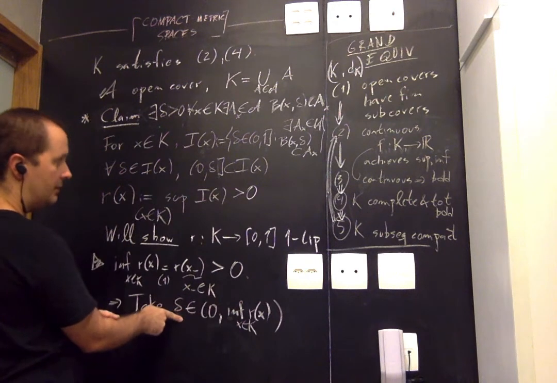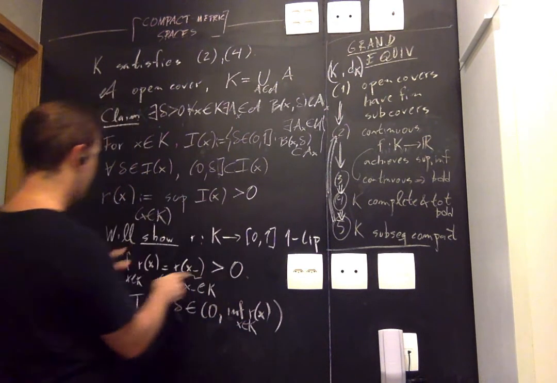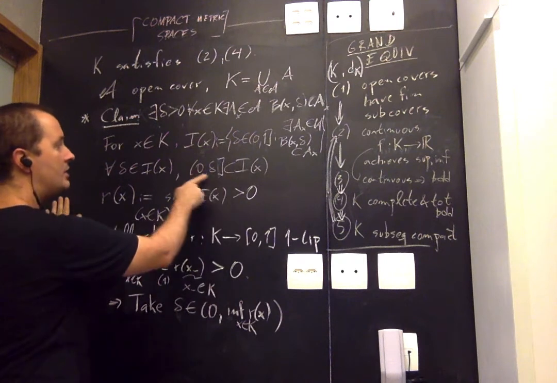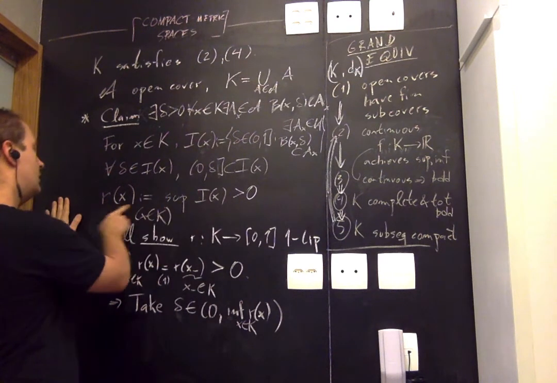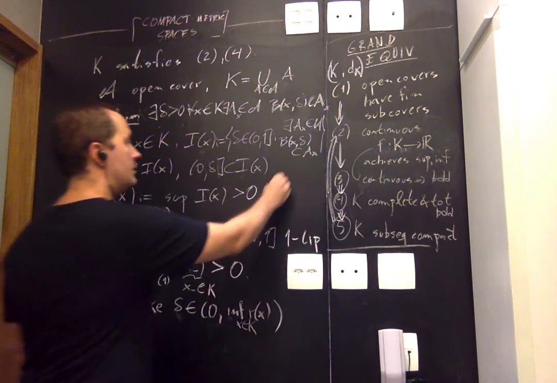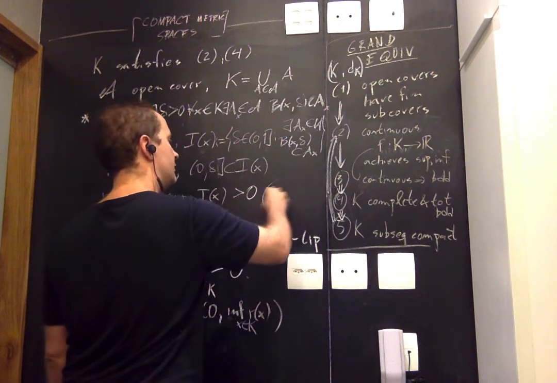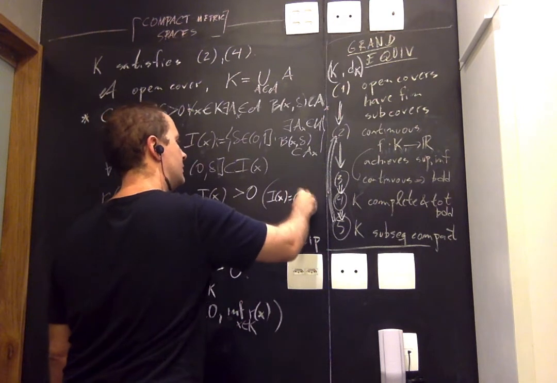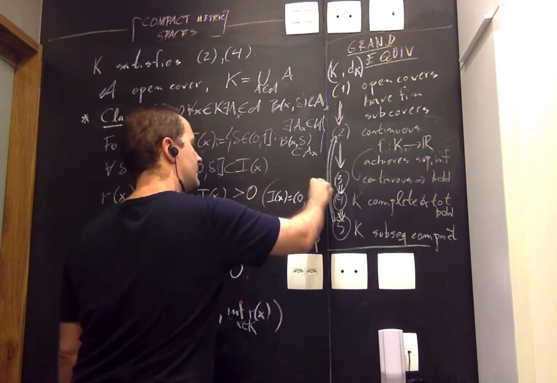So basically I'm saying that I of x has to be the open interval from 0 to R of x. Well, you have to check that, but it's true. So in the end, I have that I of x is the interval from 0 to R of x.